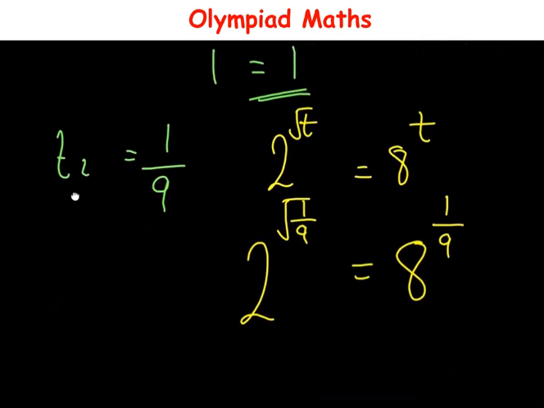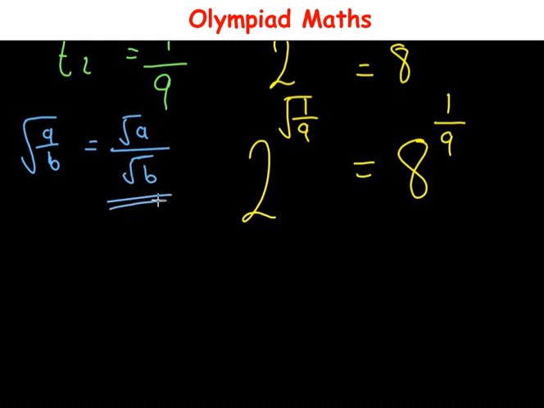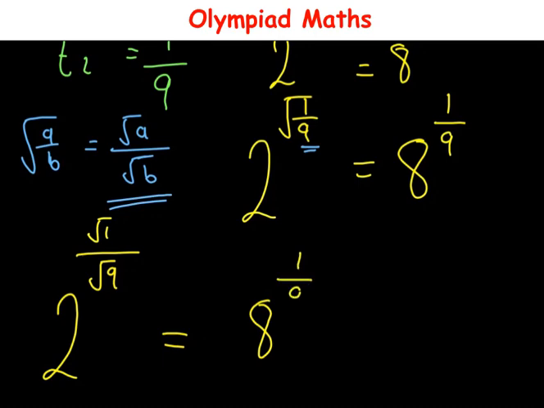Applying this rule of indices, that root a over b equals root a over root b, what we have is 2 raised to power root 1 over root 9 equals 8 raised to power 1 over 9, with this equal, question mark?